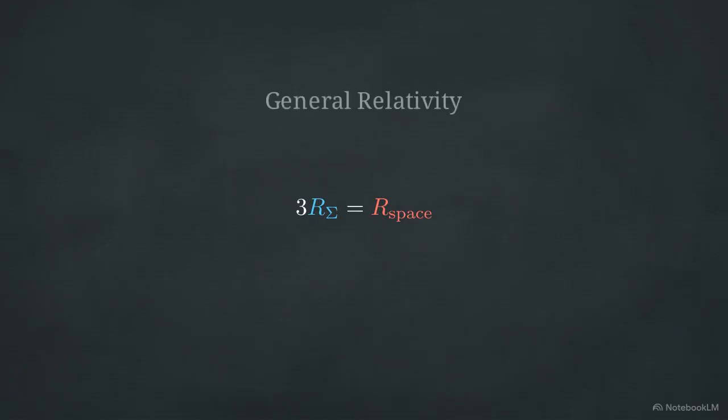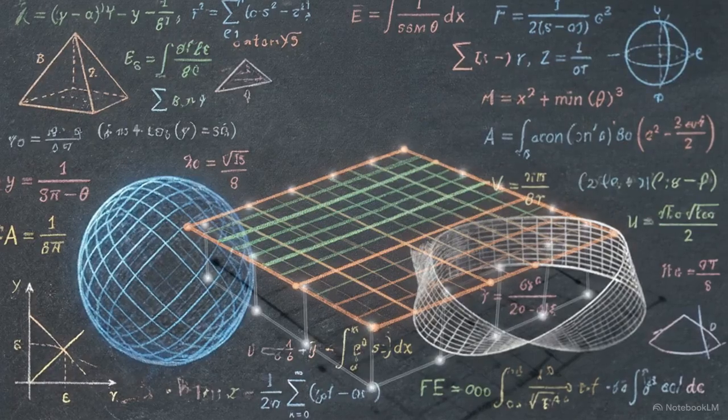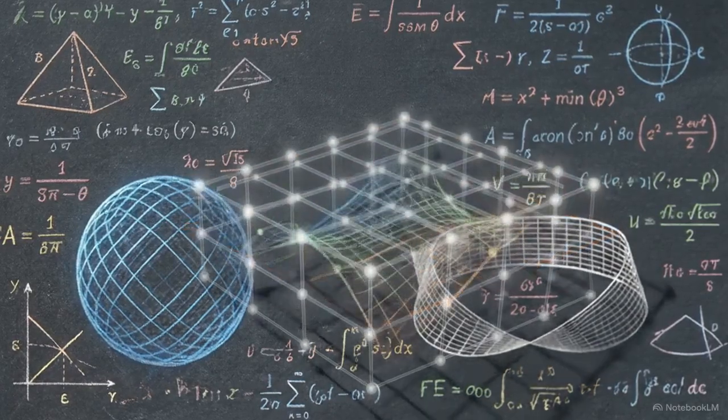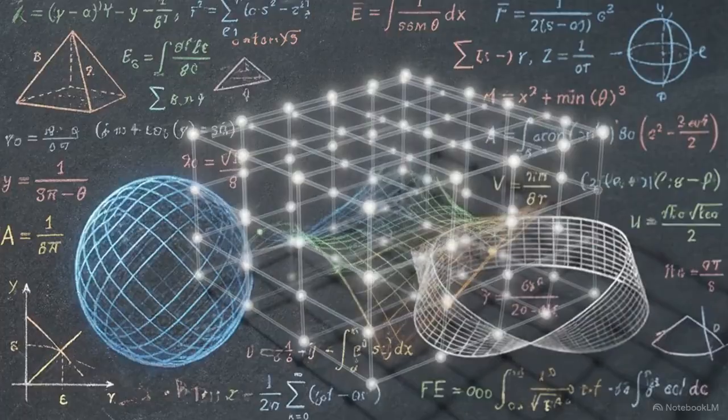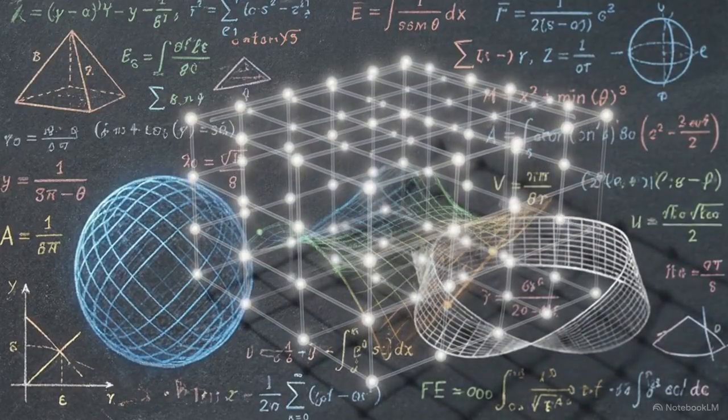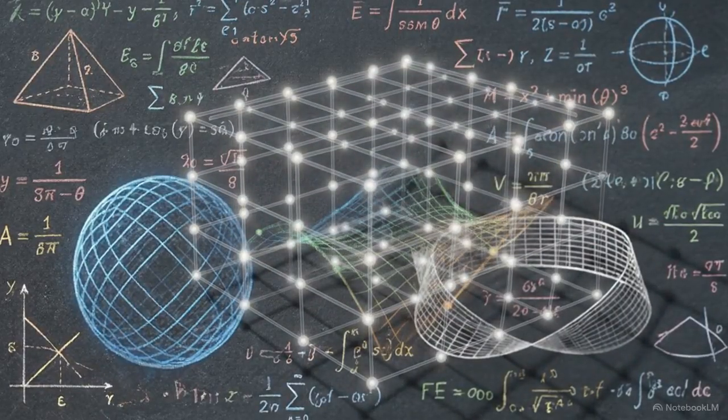General relativity then relates this 3D spatial curvature to the cosmological constant. Spatial curvature equals 2 times the observed lambda. The observed cosmological constant is the two-dimensional topological eigenvalue projected into three-dimensional space through a structural conversion factor of 3/2.